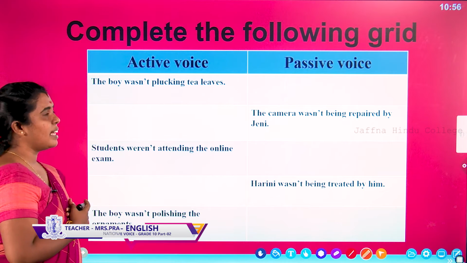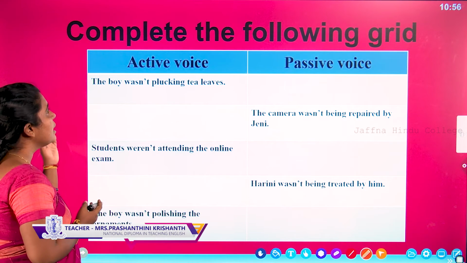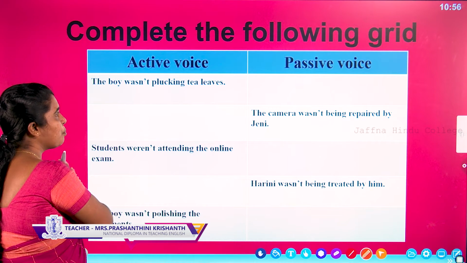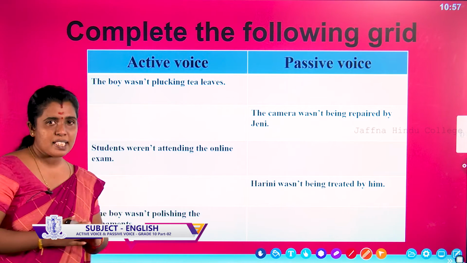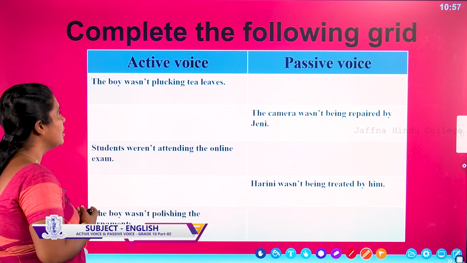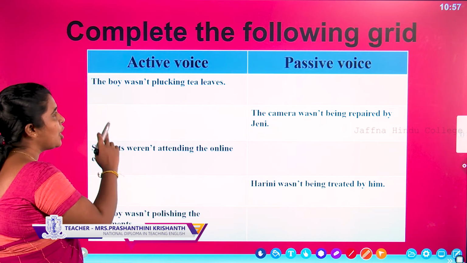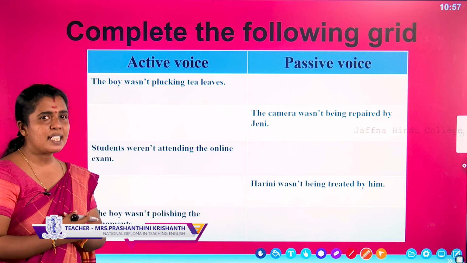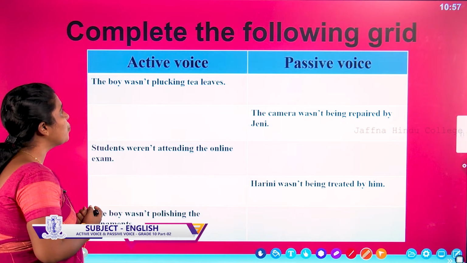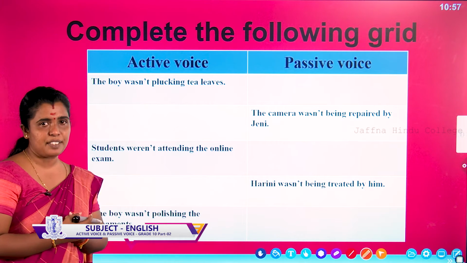Right, now this is an activity for you. Complete the following grid. Okay, so this side active voice and the next side passive voice, right? We have to do mixed type of question here. Number 1, you are going to change into passive voice, right? The question is, the boy wasn't plucking tea leaves, right?